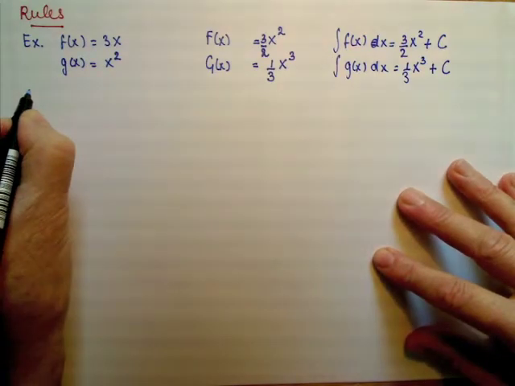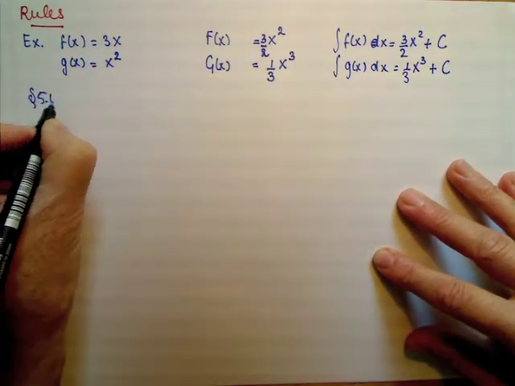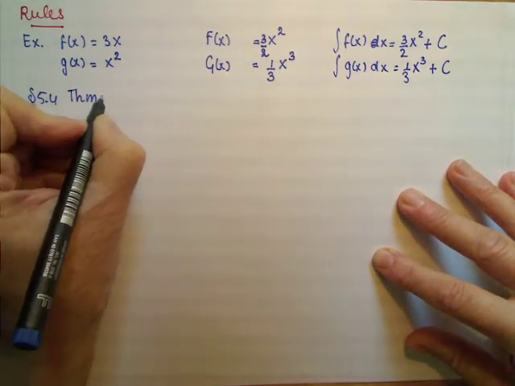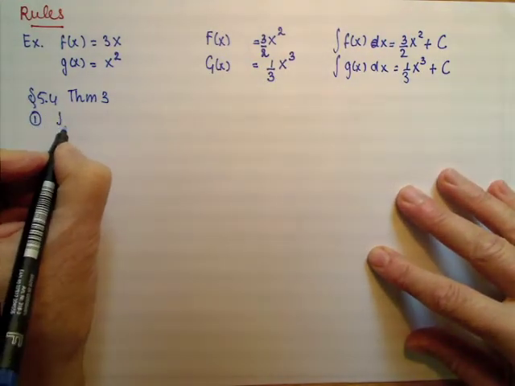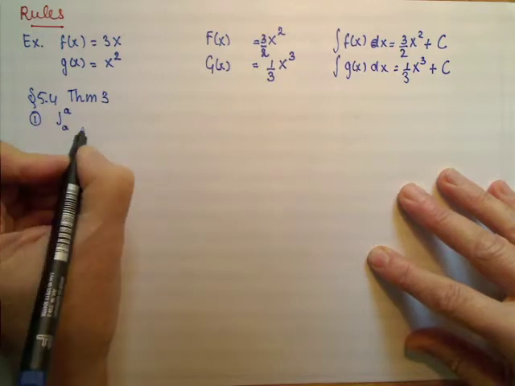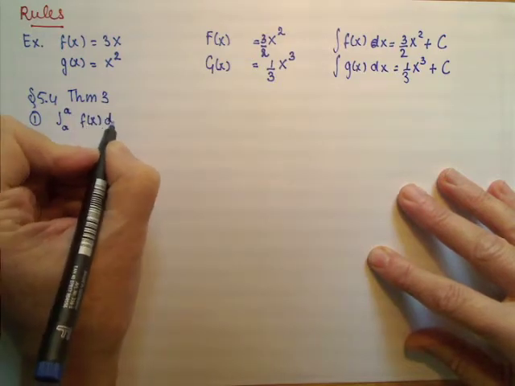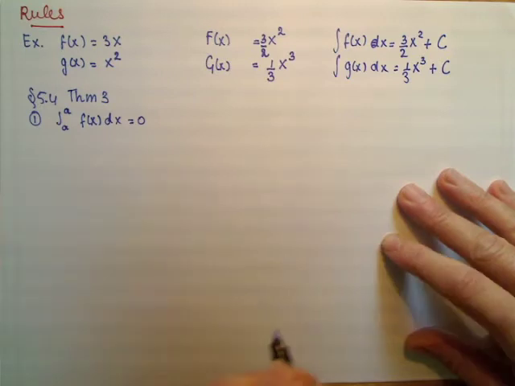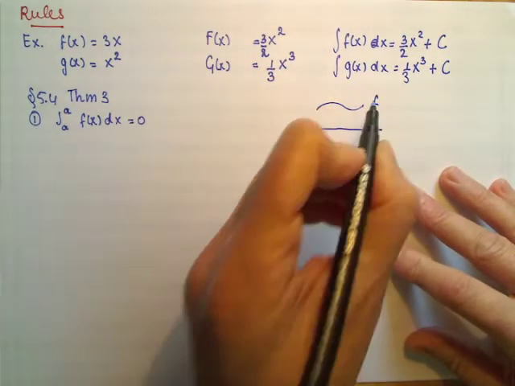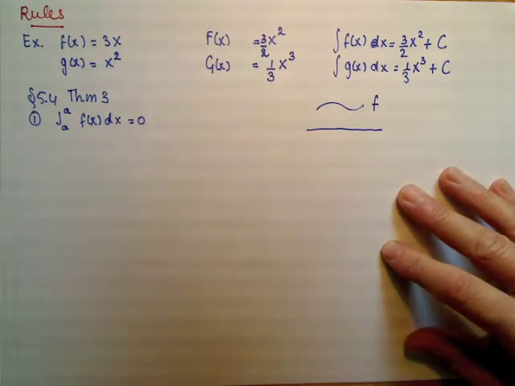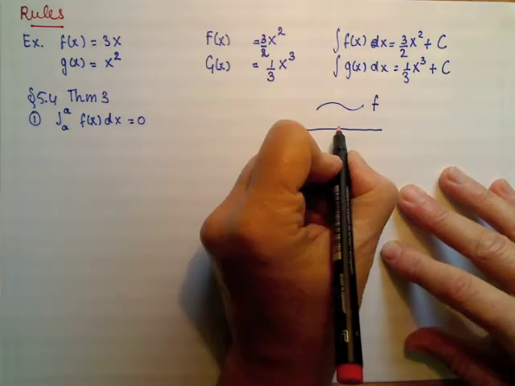Now, the rules that I'd like to mention here are listed in Theorem 3 of section 5.4. And the first one is that the integral from a to a, so if we in fact integrate over one point only, then we get 0. Now, why does this make sense? So let us draw this function. We have a special point, little a.